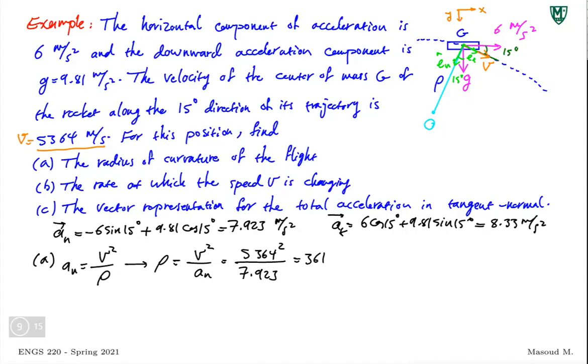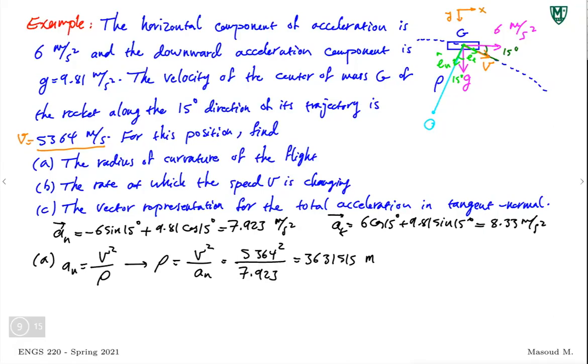I'm making it 31515 meters. So a large radius, obviously. If this is a rocket, this is the altitude. That's probably too large.